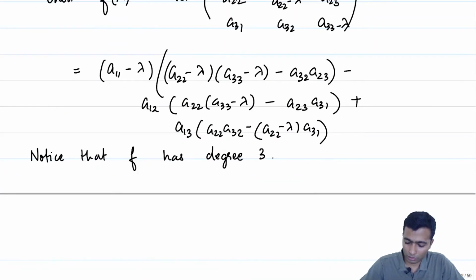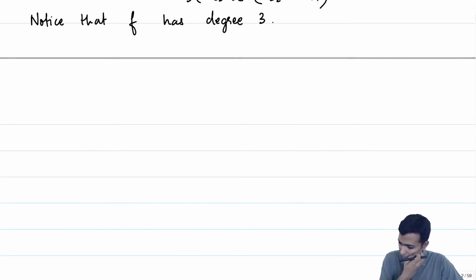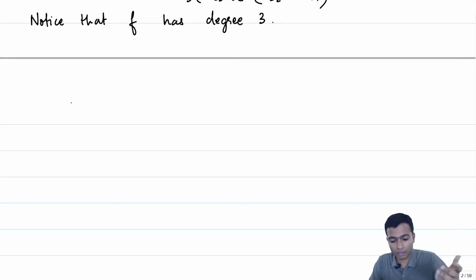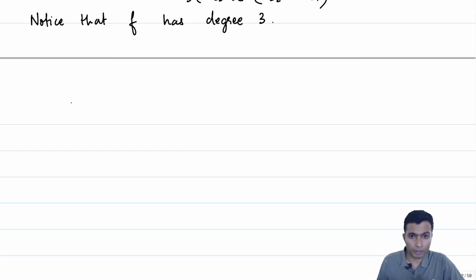As you can see, the characteristic polynomial has a tendency to be quite messy. If you look at n greater than 3, the corresponding expression will be far more complex. However, in the particular case when our matrix is a diagonal matrix, the characteristic polynomial turns out to be particularly nice. This is another example.